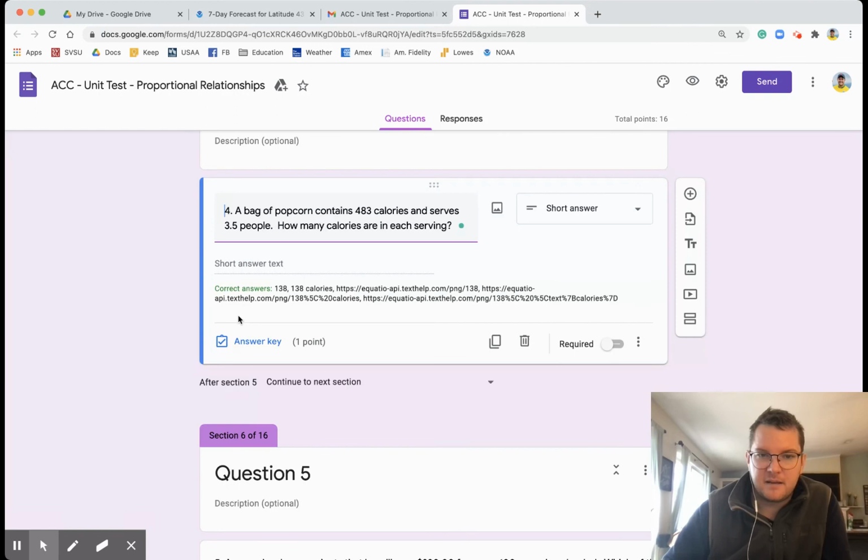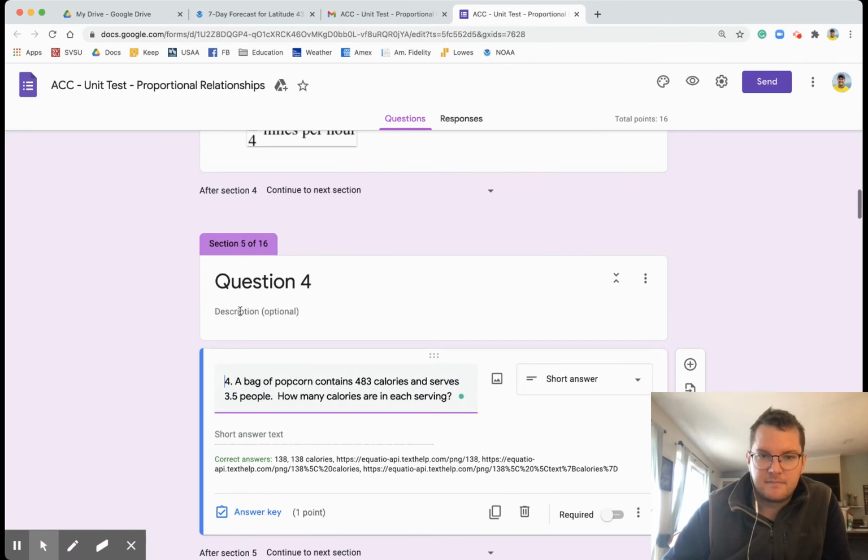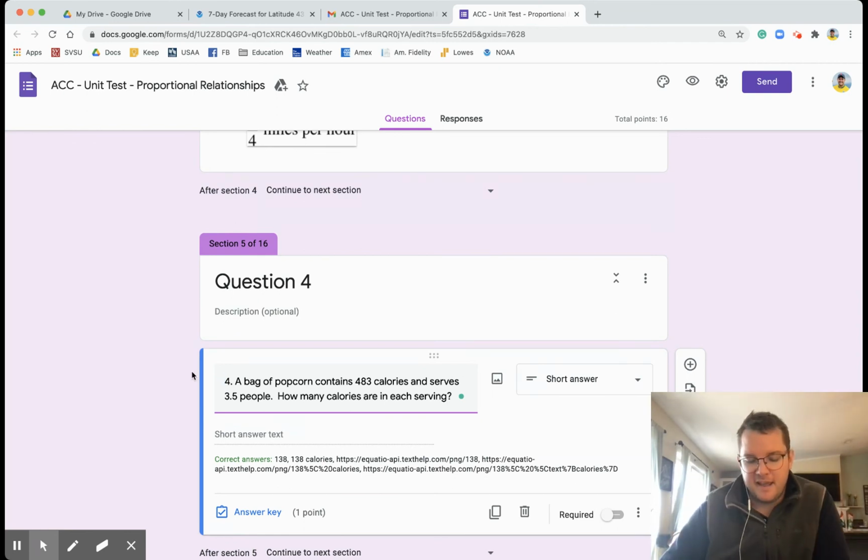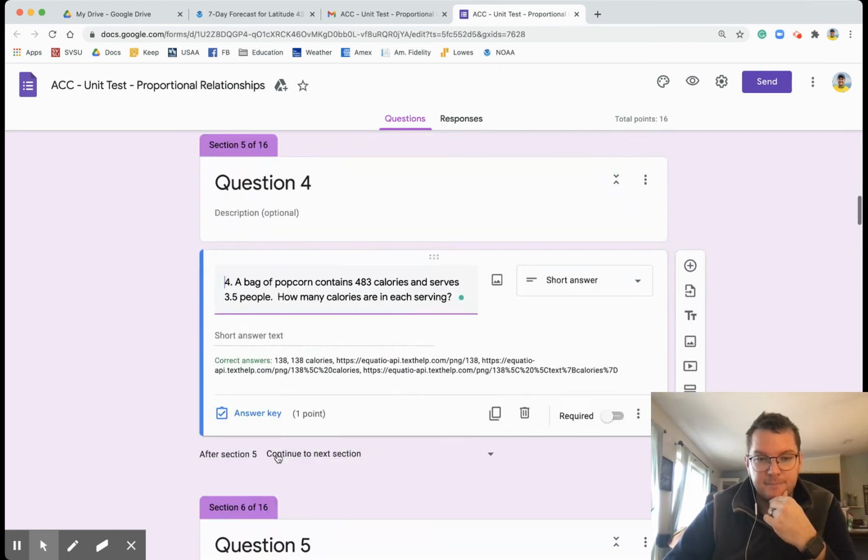Let me see if I can type this. Every time I click, it just gives me something funny, so I'm just going to stop clicking and explain. You would write 483 divided by 3.5 people. When you divide those out, you come up with 138 calories. You can see it right there.